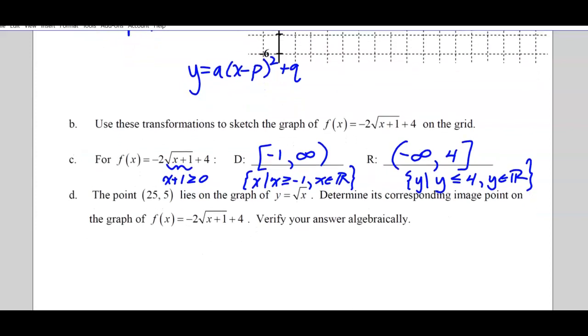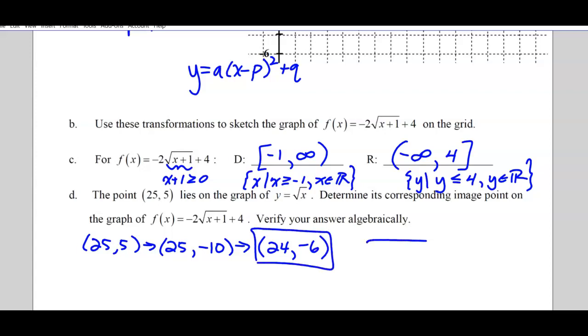Okay, so the point (25, 5) lies on the original. We just don't have it on our graph. We don't have enough space. Determine its corresponding image point on the new graph. Okay, so 5, vertically stretching by 2 would be 10. Reflecting would be -10. And then the translation. So we're going left 1 and up 4. Okay. And then you can verify.